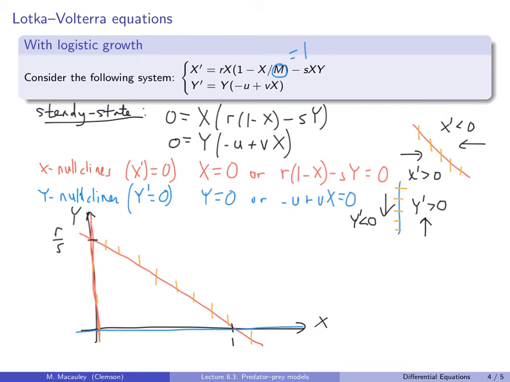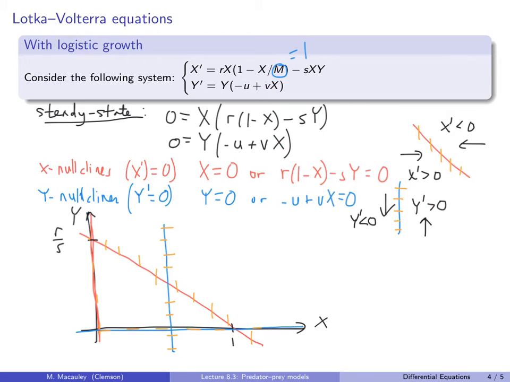So that's going to happen somewhere like here. And so now you have hash marks that look like this. And also along here as well. So solution curves can clearly never cross the x or the y axis because they'll be going against the grain, and that's the way it should be. You can't have a population ever get negative.